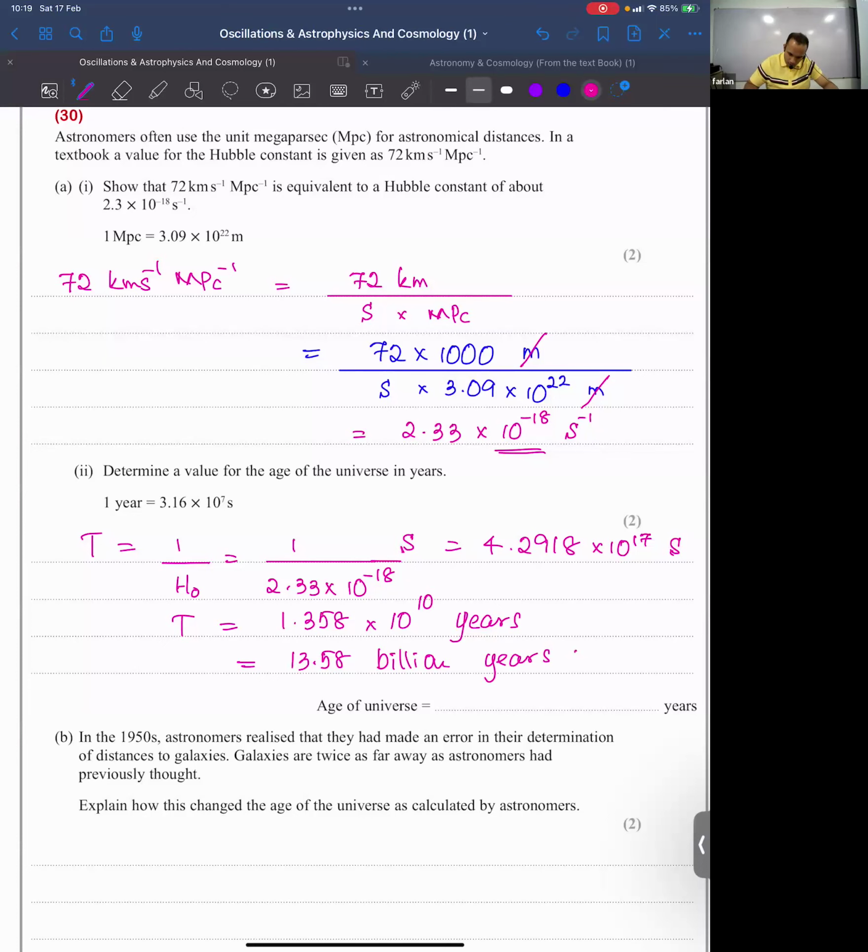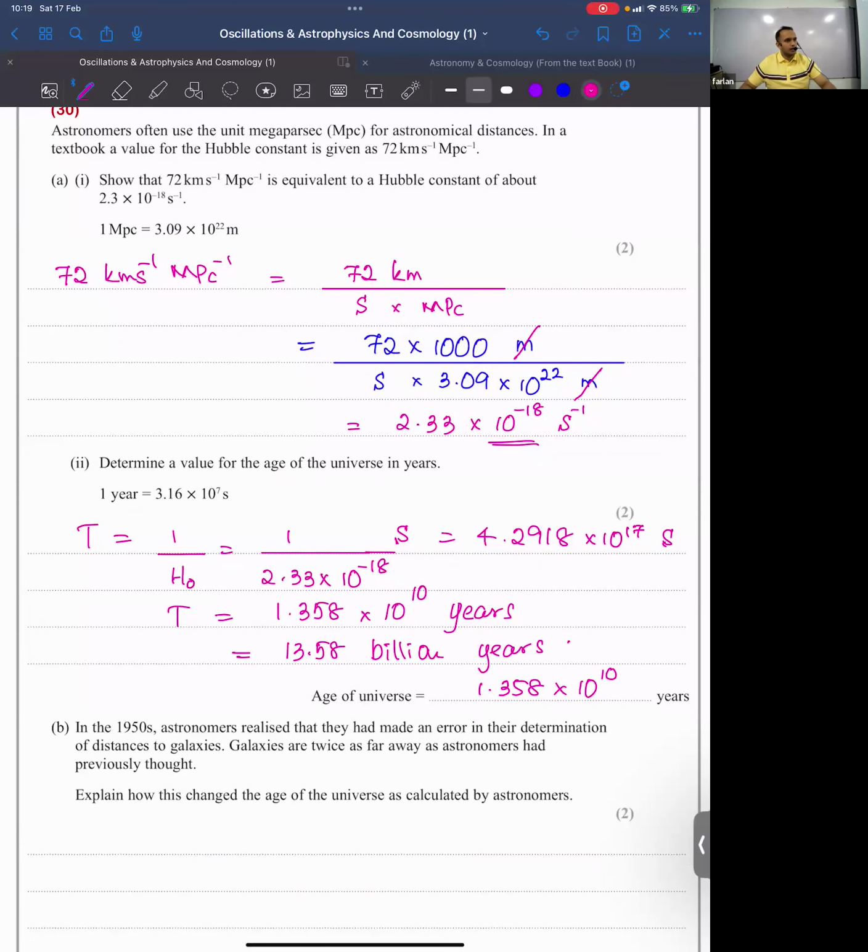They're asking in years, so 1.358 into 10 to the power 10 years. Is that okay?